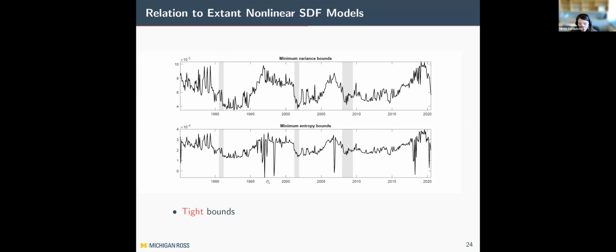So overall, these bounds are going to be tight in the data, but the important thing for us is that in our approach, we are going to nest the linear model as a special case, right? And the linear model is going to be the leading term and is going to price correctly the assets that enter the linear span, again, international stocks and bonds.